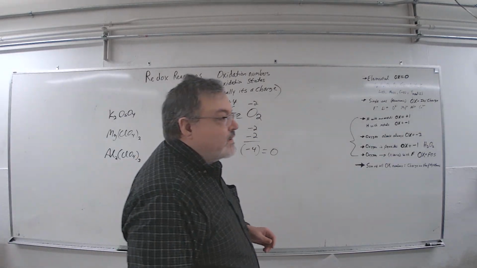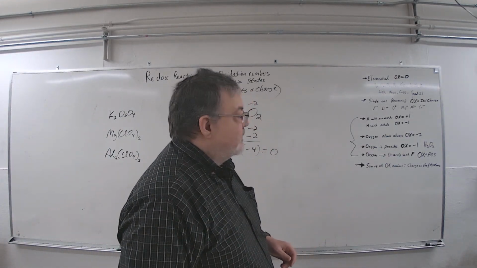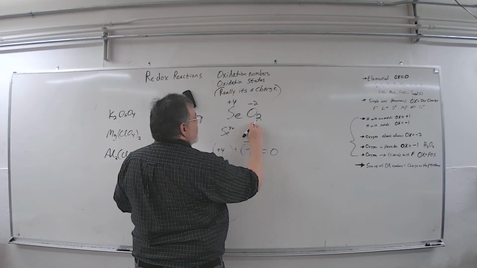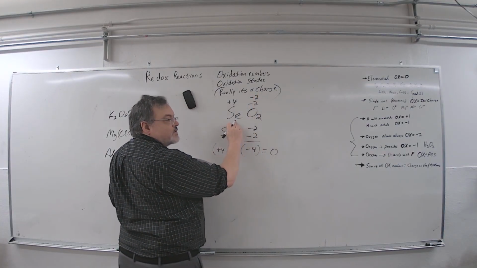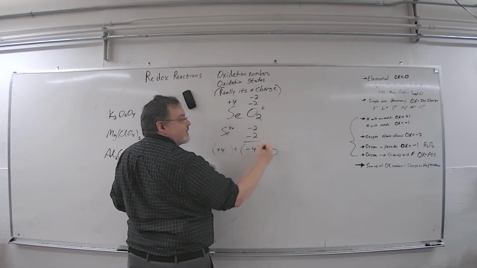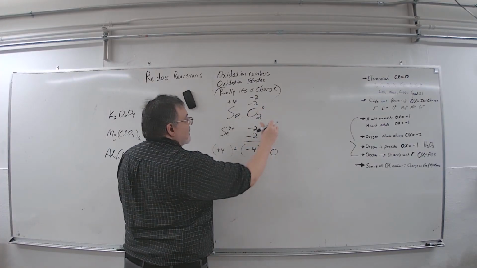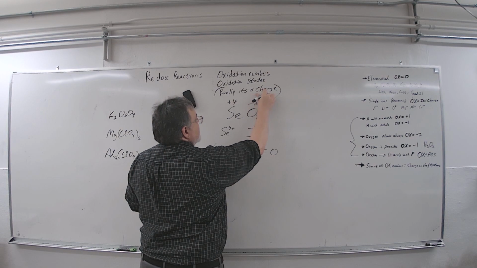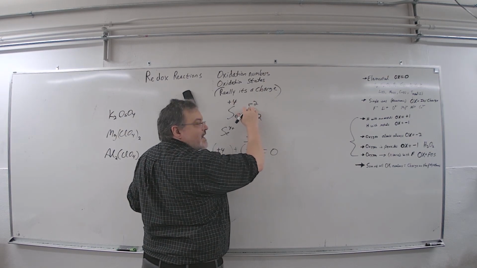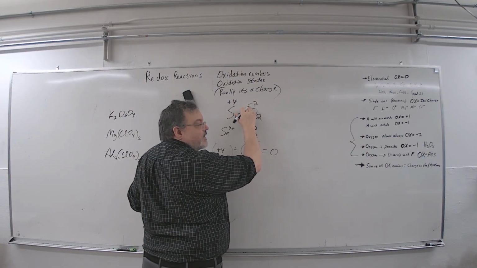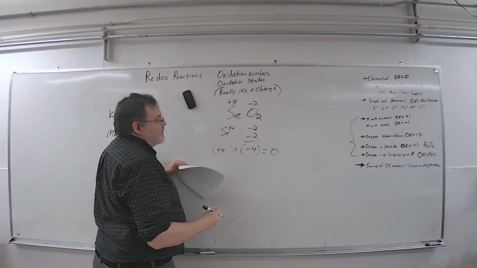Yeah, you've got 2 of these -2 charges and 1 plus 4 charge. So it does add up to 0. I only write it once, but there are 2 oxygens here, and every oxygen here has this oxidation number.